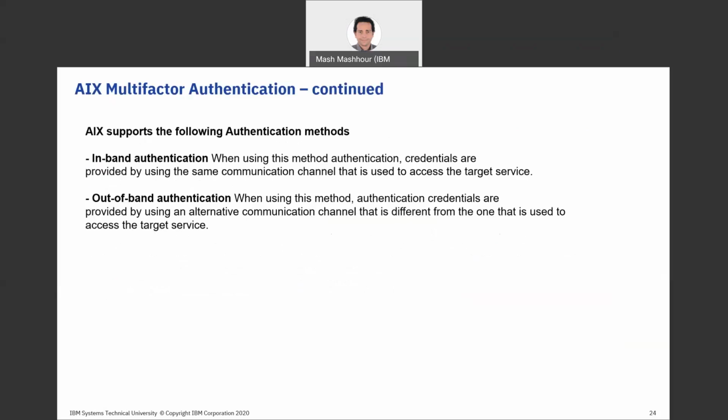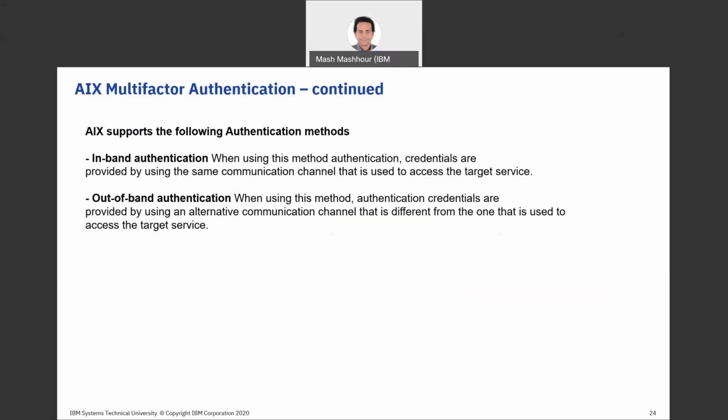AIX itself supports the following authentication methods, which is a very large set: inbound and outbound authentication. Inbound authentication uses a method where authentication credentials are provided by using the same communication channel that is used to access the target service.